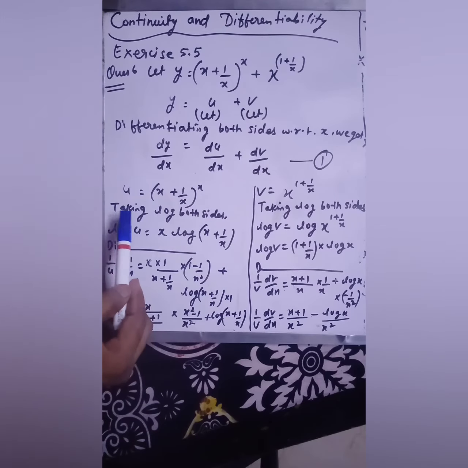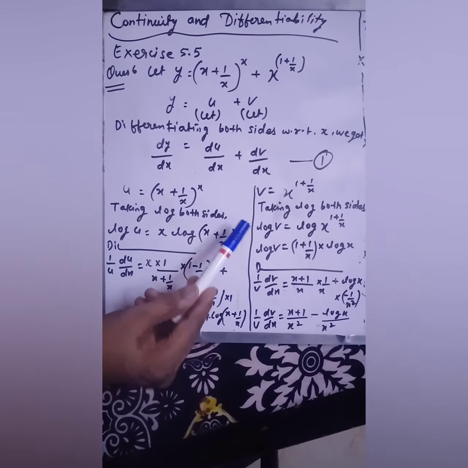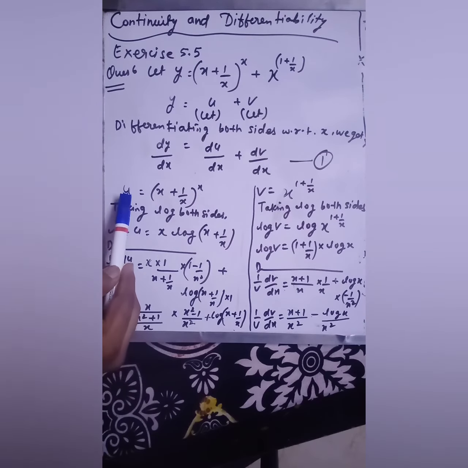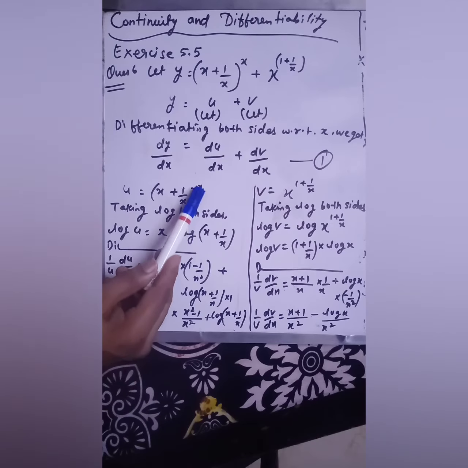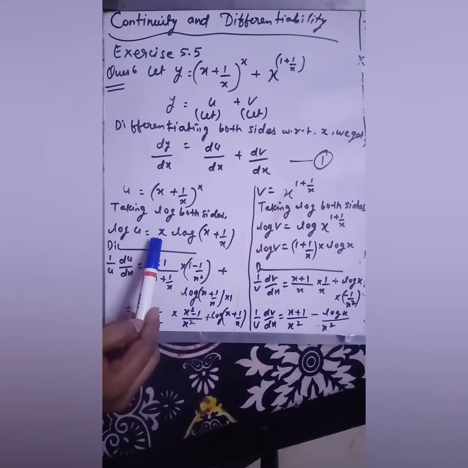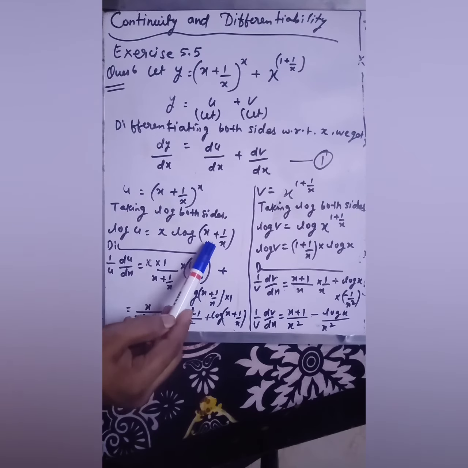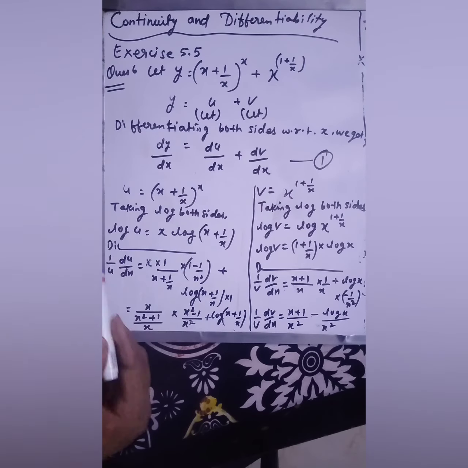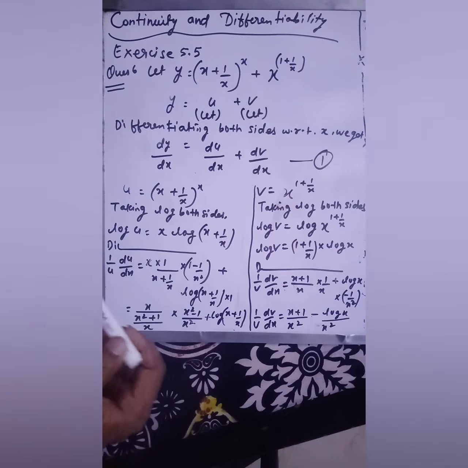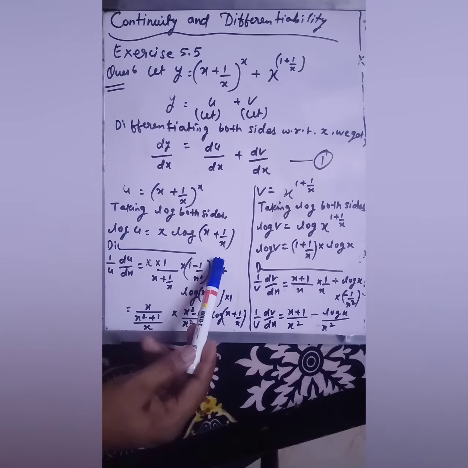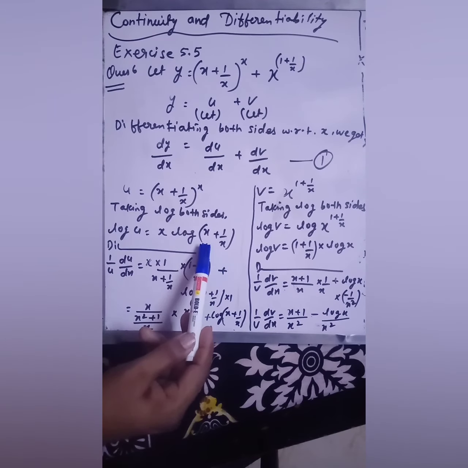So we take log on both sides, and we get log u is equal to x log of x plus 1 by x. Now you have two different functions, x and log of x plus 1 by x, so you have to apply the product rule.